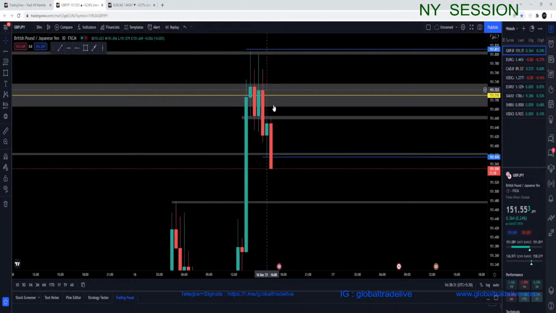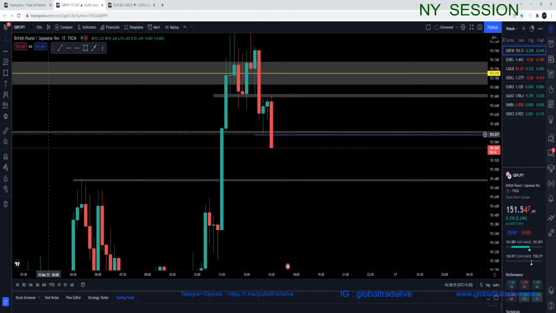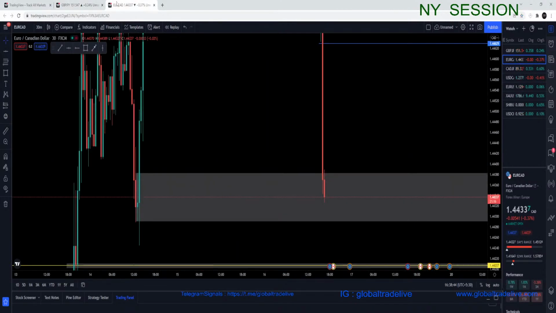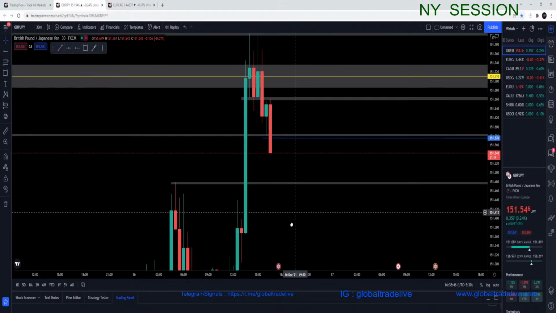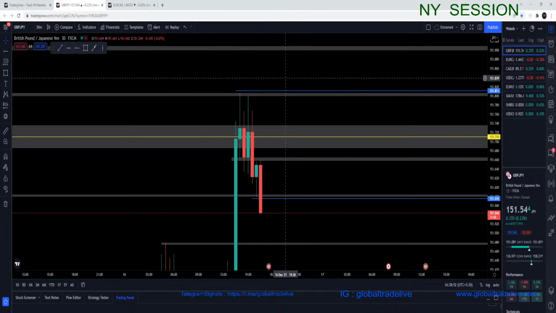Also this will be a counter trend trade, so we will get more chances. Like if the trend is really bullish, then we are gonna get a good buying opportunity in GBP.